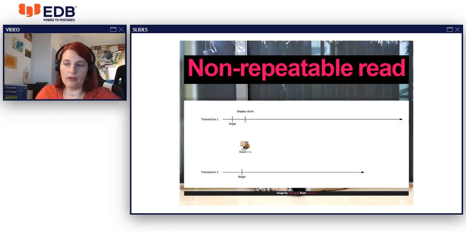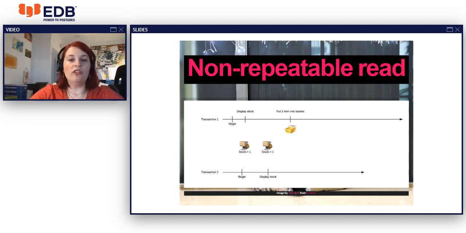In an example, it looks that way. Let's assume that you're browsing the web and trying to buy a book. So you ask for the stock, and it says that for now there is one book, the book you want, in stock. So you say, great, I can put that in my basket.